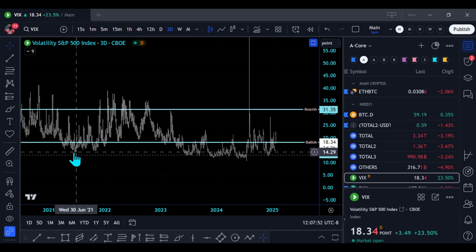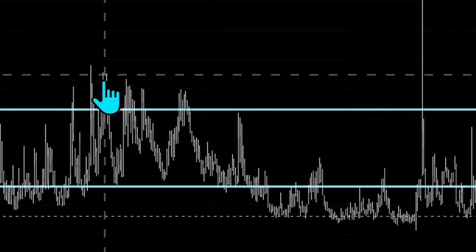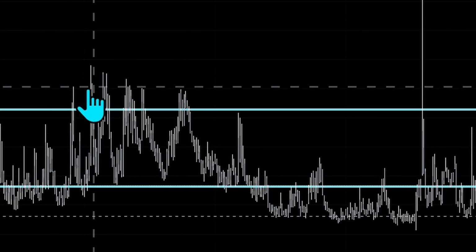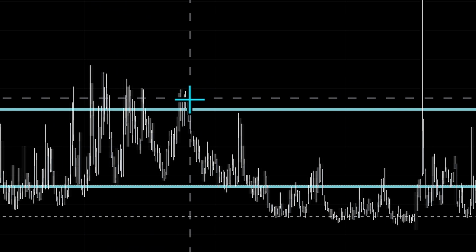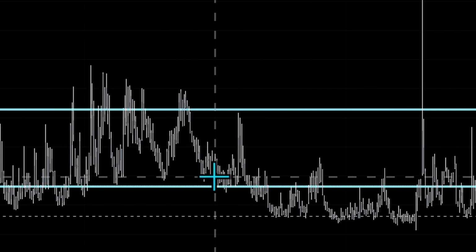Anytime we see a move towards this end, like higher volatility, you start to see asset prices come down as investors leave the market and wait for a sign to re-enter.